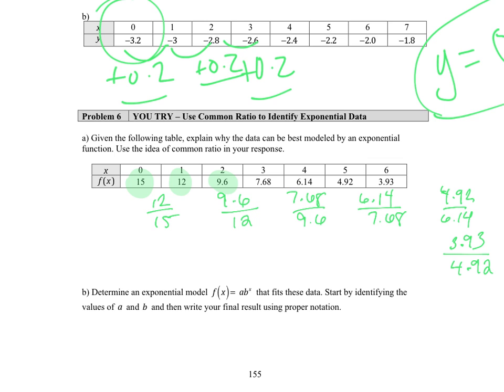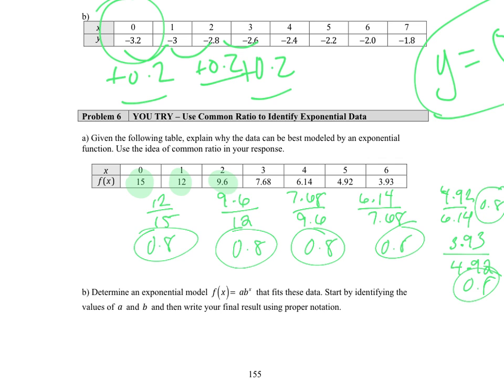And for all of those, if you were to go through and divide them, we get 0.8, 9.6 divided by 12 is 0.8, and we would get 0.8 all the way through. Because they have the same common ratio, which is what that's called, this is exponential, with a common ratio of 0.8.